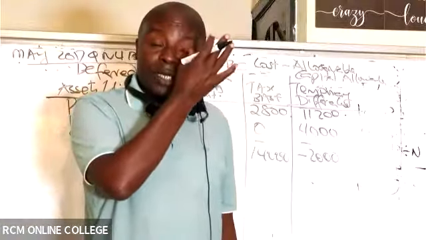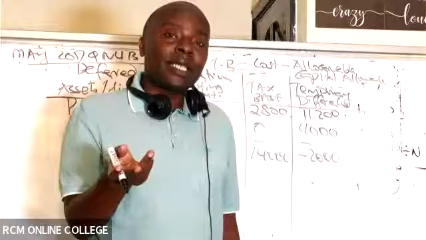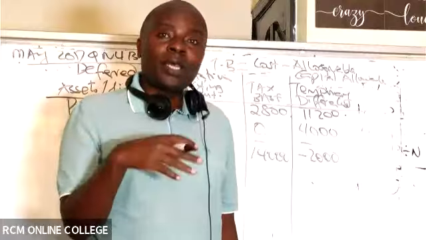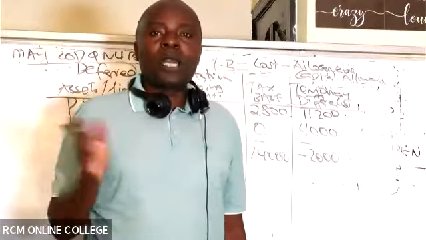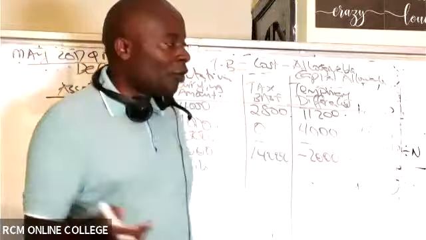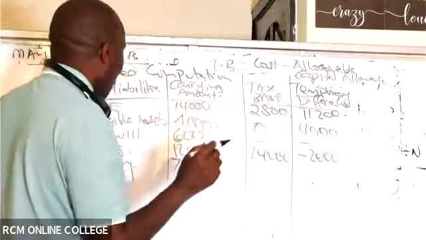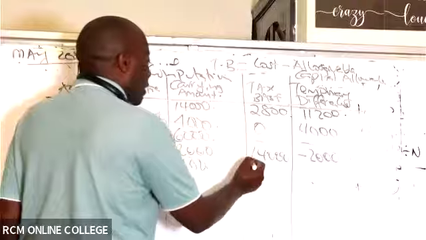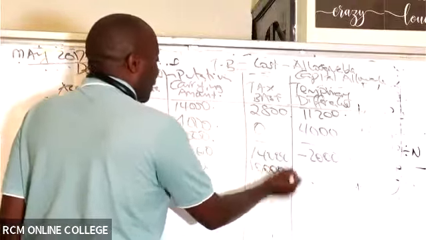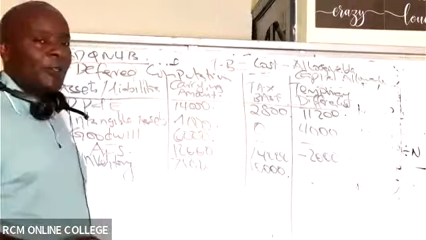Then we ask ourselves, has the taxman in this case given us any capital allowance? No. No capital allowance has been provided. Therefore, the taxman will take the cost, which is 10,000.